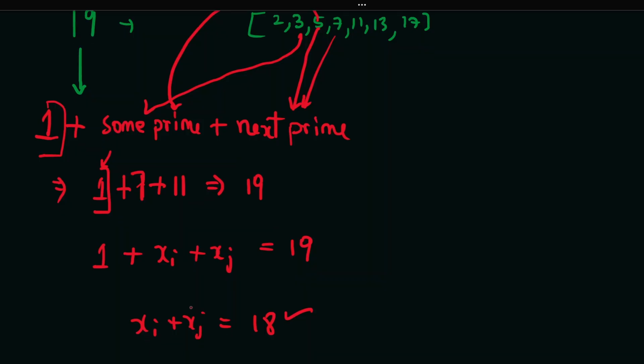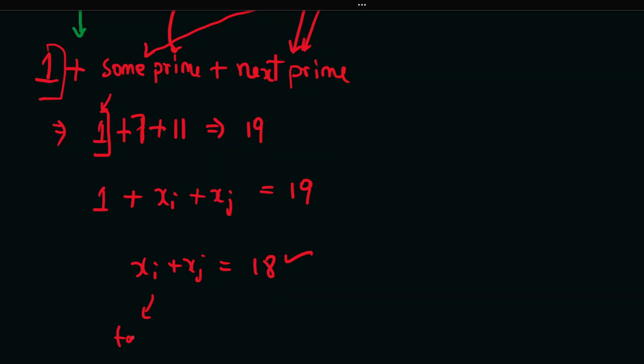So our task is to find a pair of consecutive primes which sum up to the number minus 1.